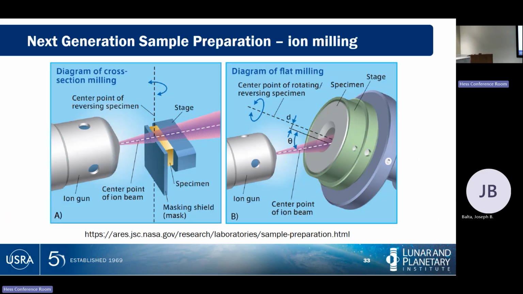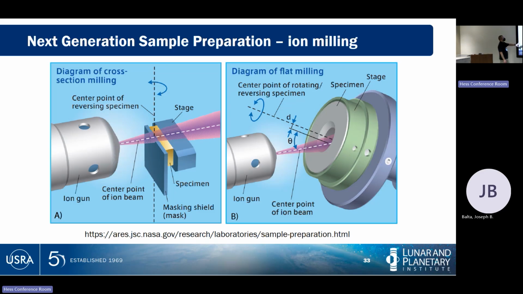The other one that's on the list that you might actually be able to do at some point in your careers is ion milling, or over at Johnson Space Center they call this their next generation sample preparation system. Instead of grinding a flat surface by abrasion, this one uses an ion beam coming in at an angle to gradually ablate away atoms from the surface.